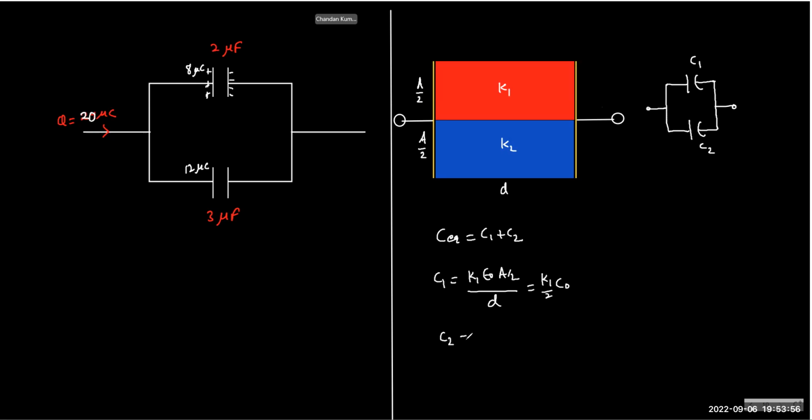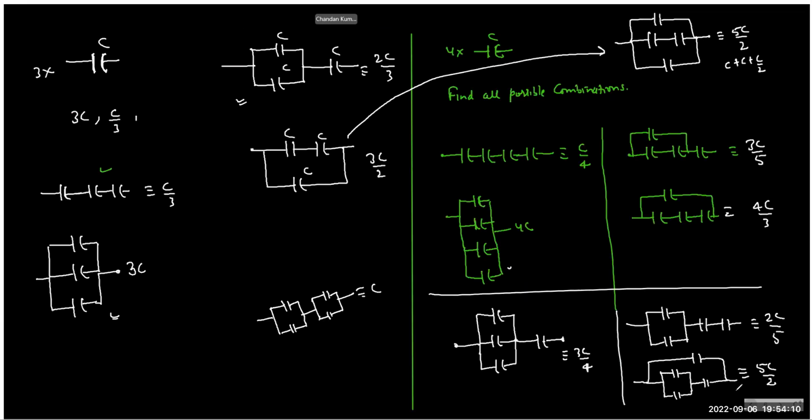Similarly, I can add K2 as K2 C naught by 2. So this will become K1 plus K2 by 2 into C naught. So easy. Imagine the effort taken there.